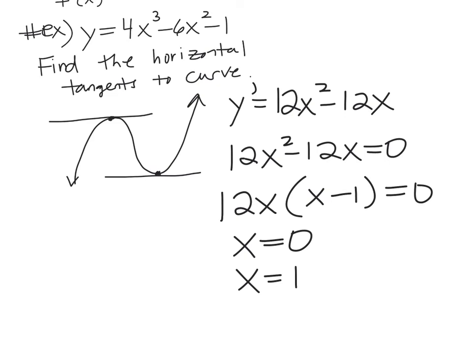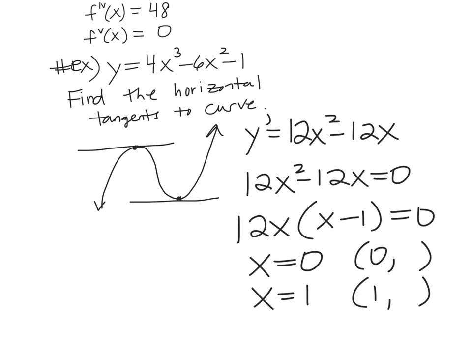Now, if I ask you to find points, you would then have to take those x values and plug them back into the original. If I needed to find out what their y correspondents are, you go up to y equals. Sometimes people will go to y prime. You're not looking for y prime. You're looking for the y values here. So that would be the original function. So you'd have to plug 0 in, and if you did that, you would get -1.